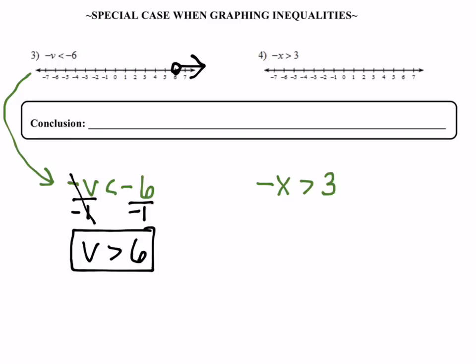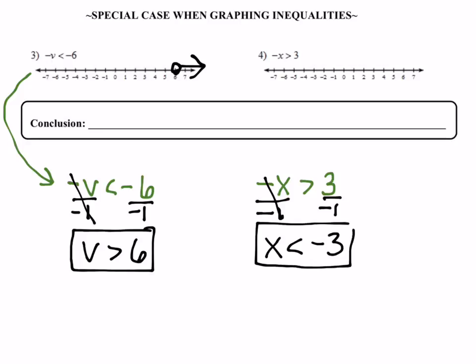Example 4, we're going to do the same thing. Divide by -1 to each side. So then x is less than -3. So your rules of negative divided by positive, that kind of thing, still come into play. So we can't forget our properties of integers there. So we have an open dot, and we're less than -3, so we point to the left.